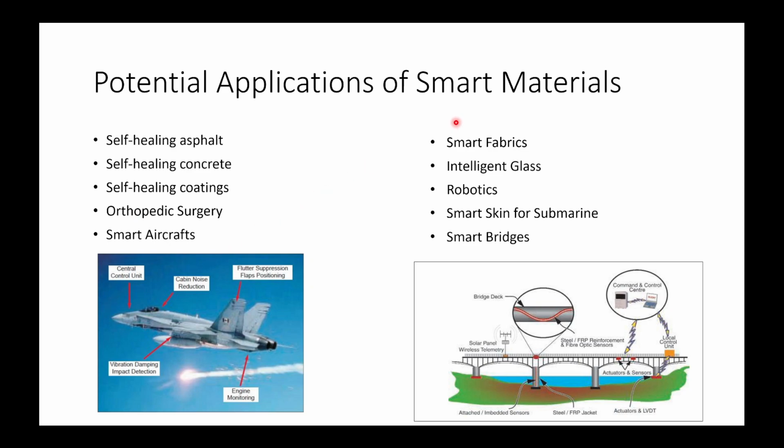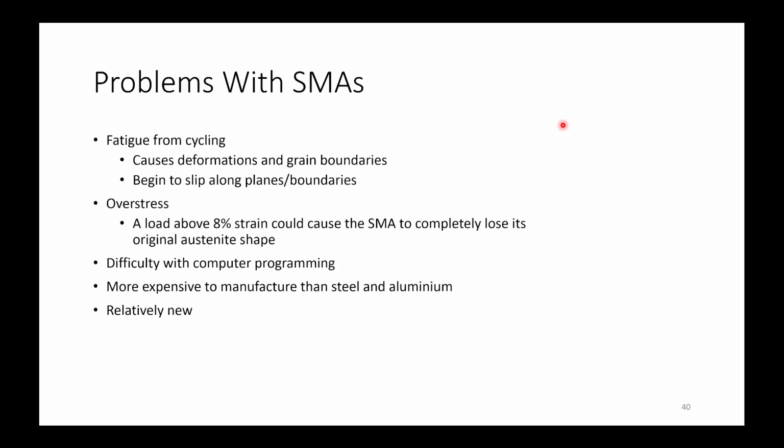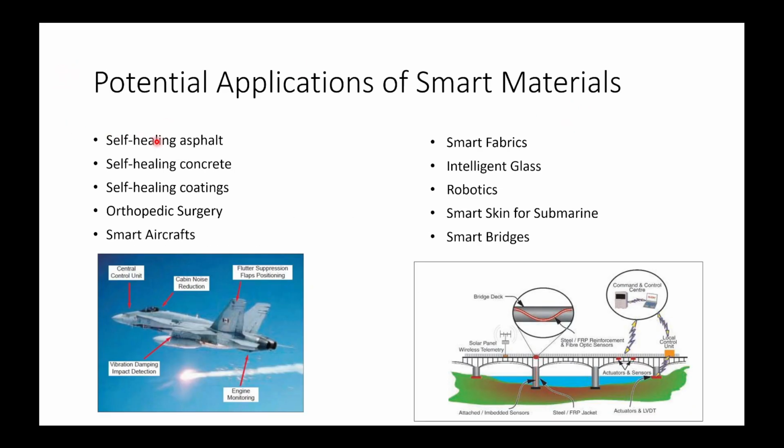Potential applications of smart materials. Now smart materials can be used in making self-healing asphalt. So if we are making roads using this, and a road gets damaged in some place, it can self-heal itself.